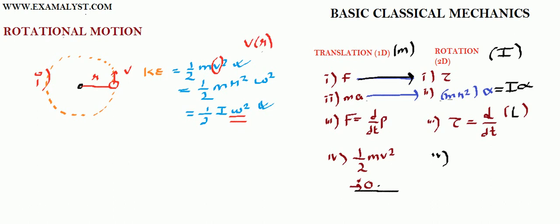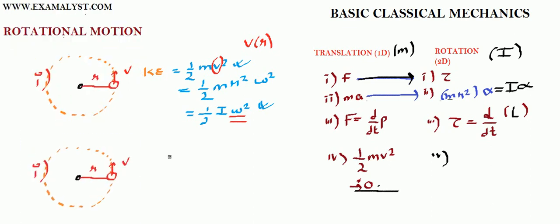If you place this mass, instead of putting the mass here, somewhere around here, then the kinetic energy will be different. Let me tell you how it is different. Consider the same diagram.